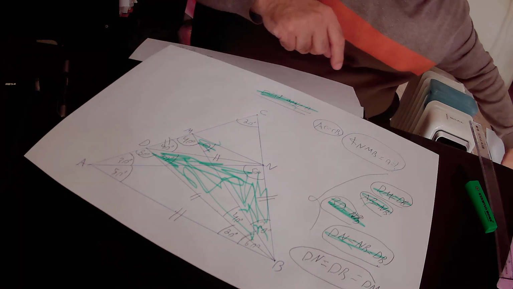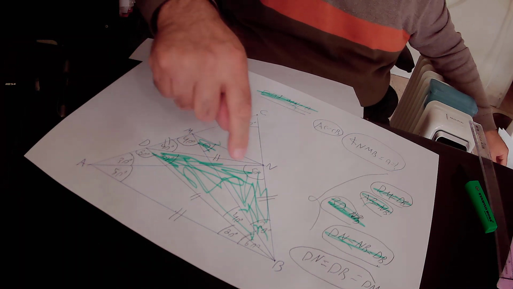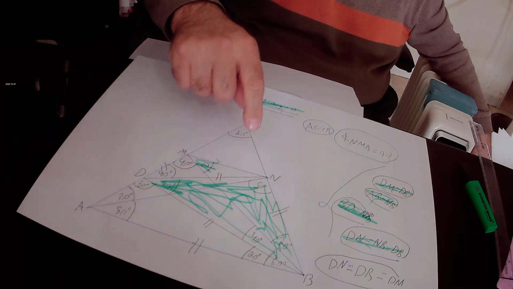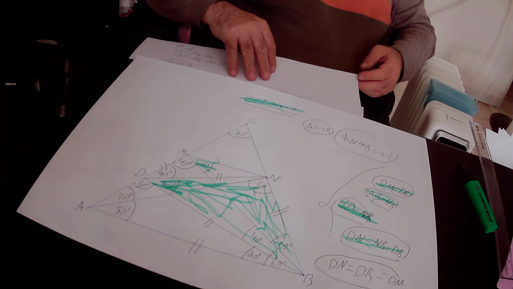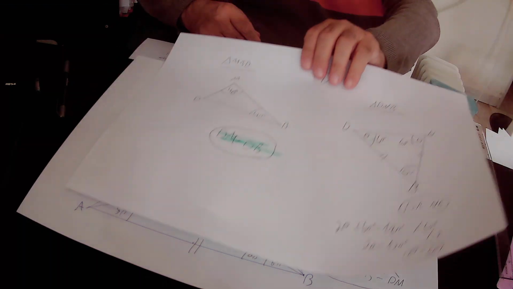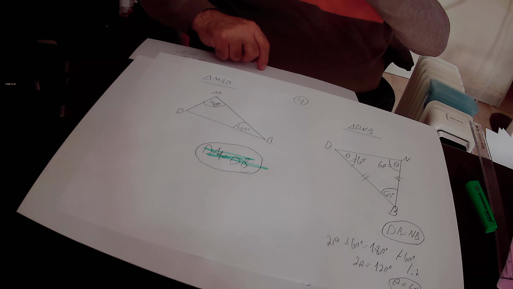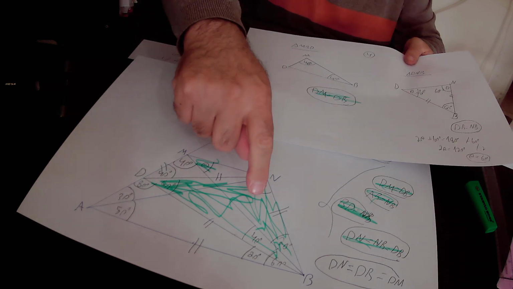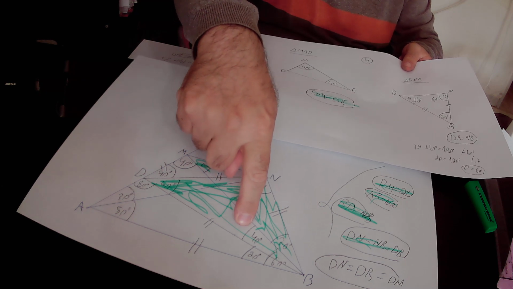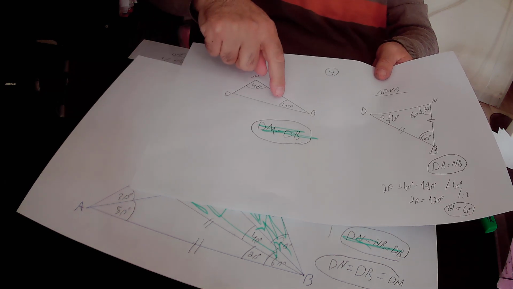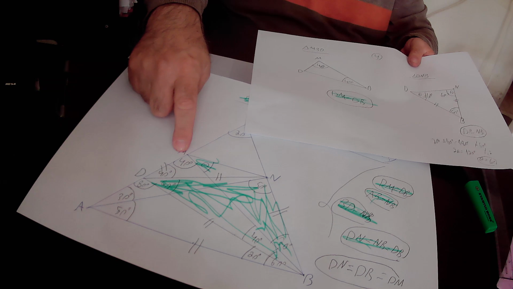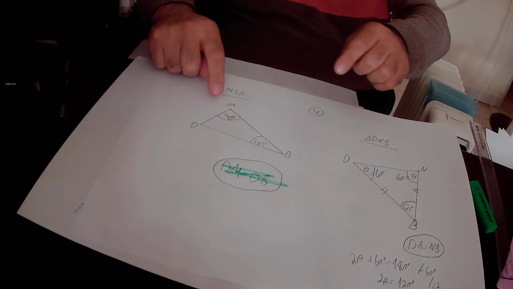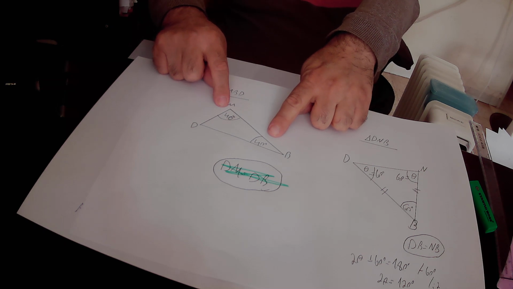In the next step, we focus on triangle MBD. So copy this triangle MBD in a new page and we analyze it. This is triangle MBD that I copied from the original drawing. We just found out that this angle MBD equals 40 degrees, and we have already found out that this angle also equals 40 degrees. So those two angles are both equal to 40 degrees.